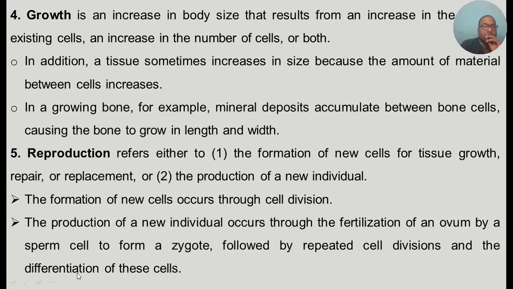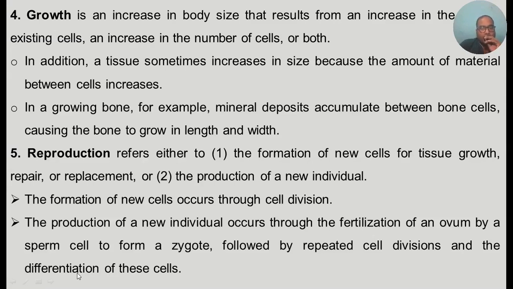So these repeated cell divisions and differentiation form an embryo into a fully mature individual, baby, young one, fetus, from a single-cell zygote.